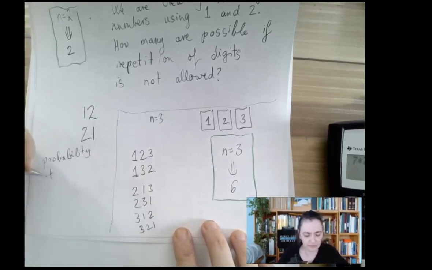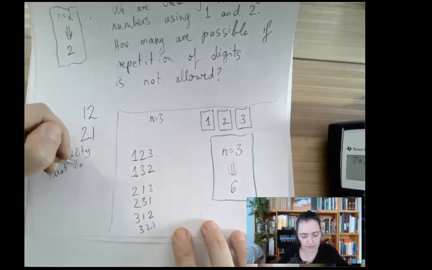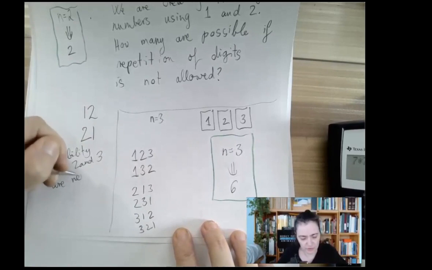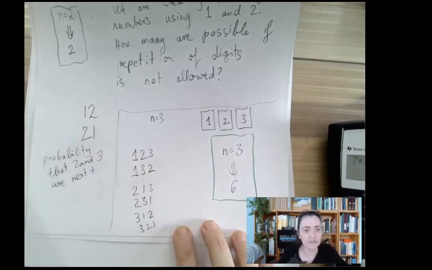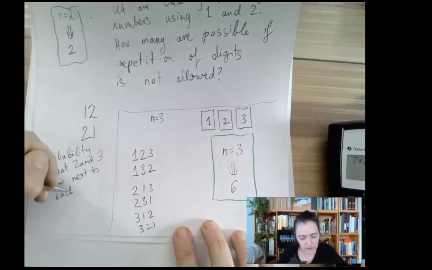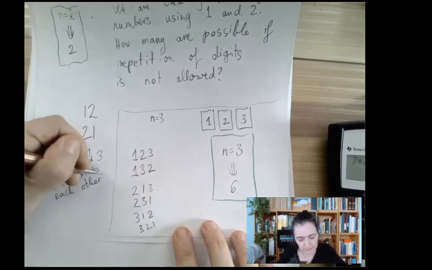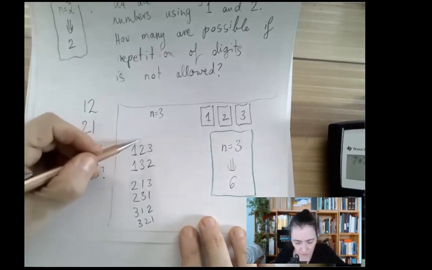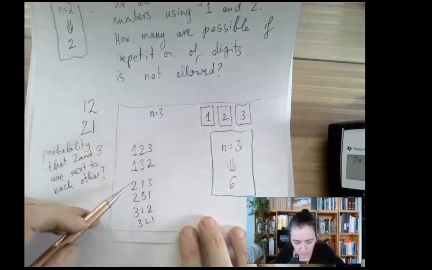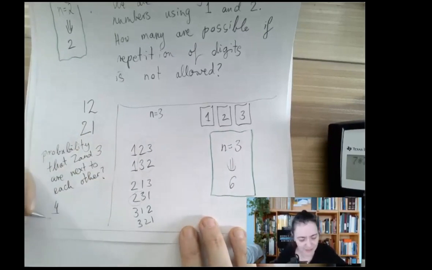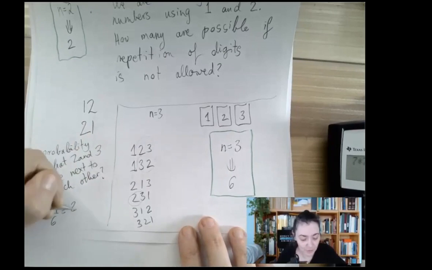Probability that 2 and 3 are next to each other. It's how many out of 6 next to each other? So 1, 2, 3, 4. 4 out of 6, which is indeed 2/3. That's it. Now you know probability.